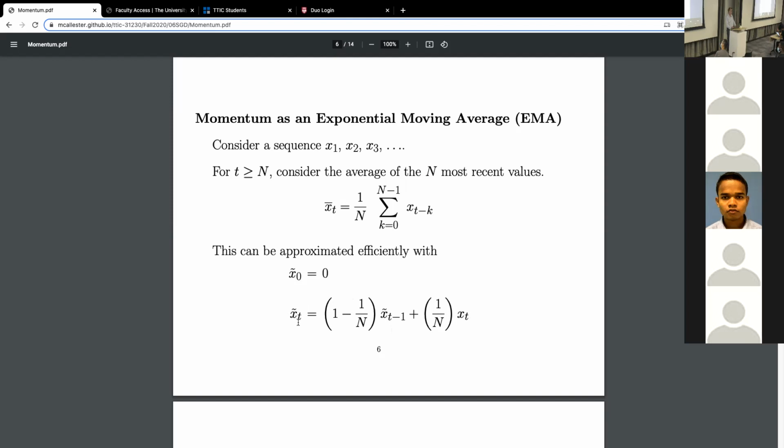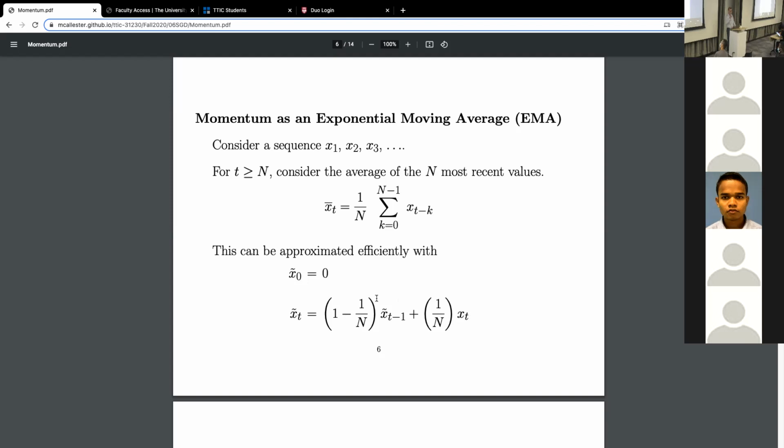Is that making sense? And the claim is that if n is large, this is like 1 minus epsilon. And if I feed this with some initial value and then take all zeros, the effect of that initial value is decaying like e to the minus t over n.